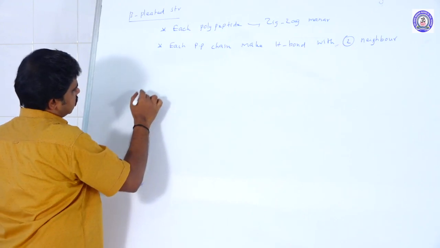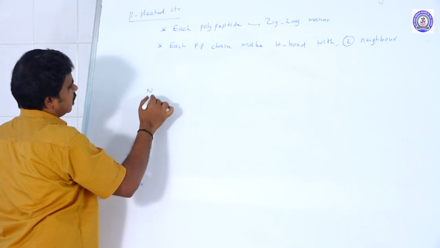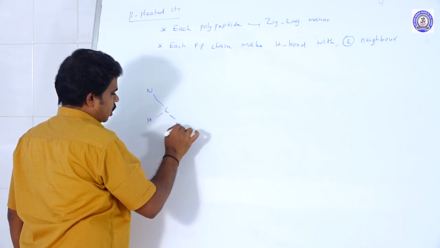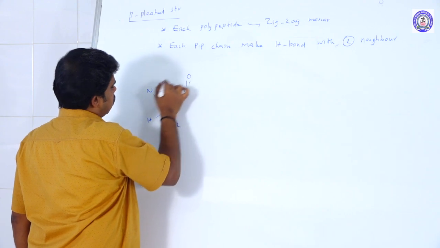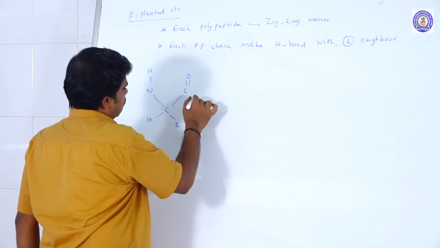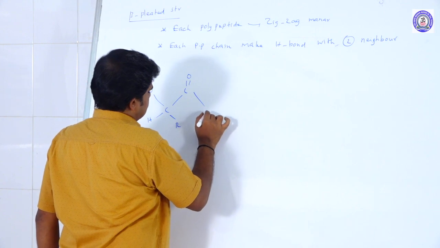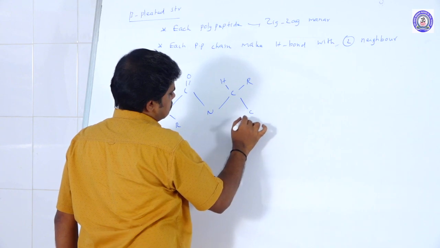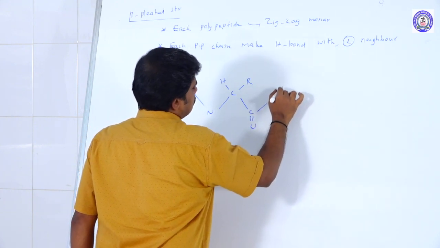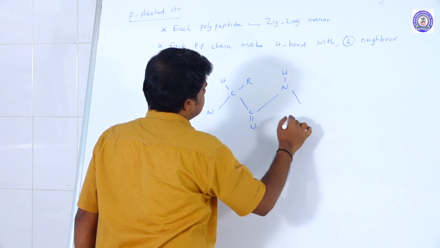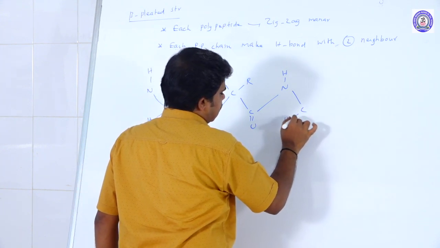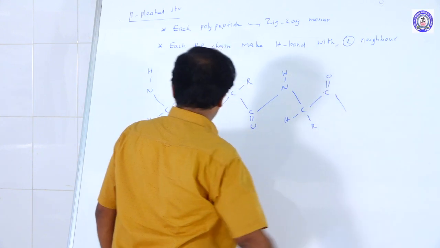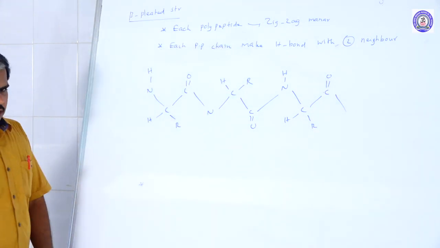Suppose here the polypeptide chain, here N, H, C, and here H and R, and C double bond O, and again N and C, H and R, C double bond O, N and H, C, H and R, and C double bond O like this. It is one polypeptide chain.